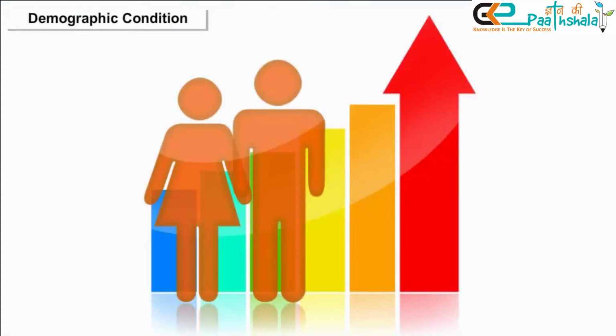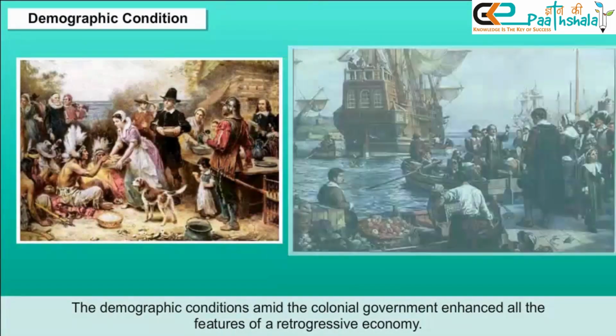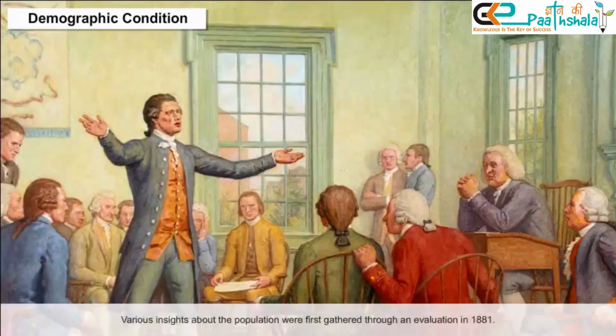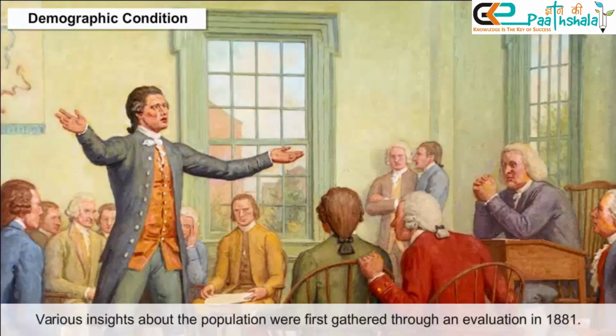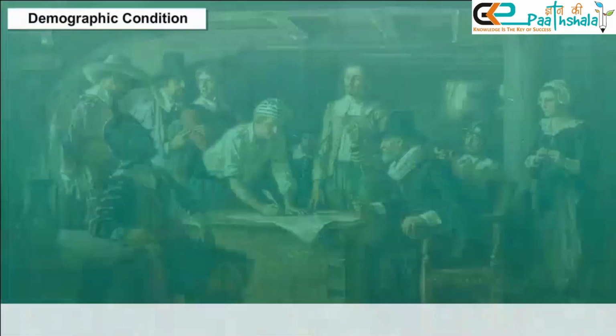Demographic condition. The demographic conditions amid the colonial government enhanced all the features of a retrogressive economy. Various insights about the population were first gathered through an evaluation in 1881.